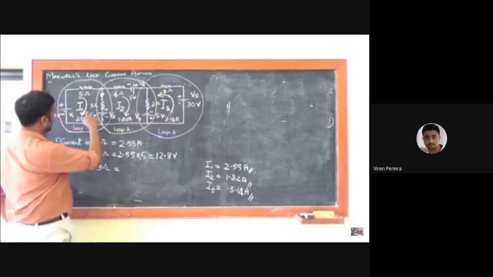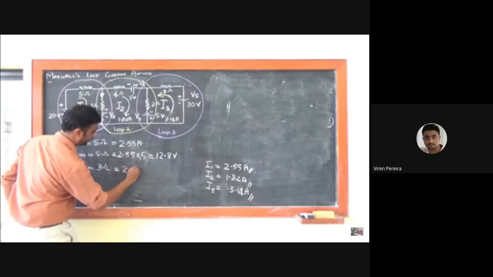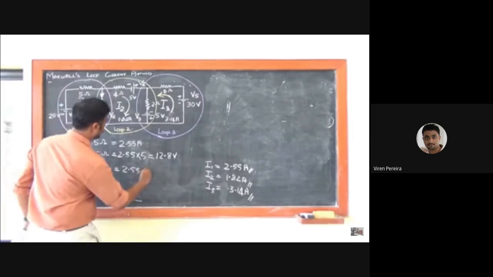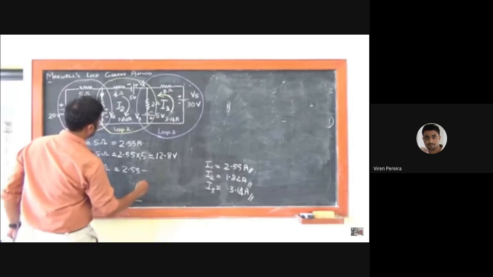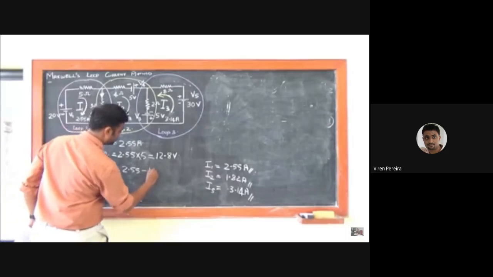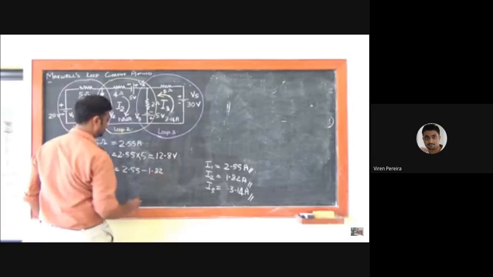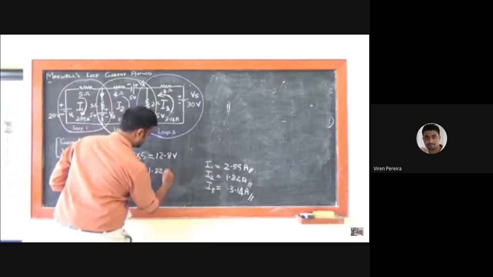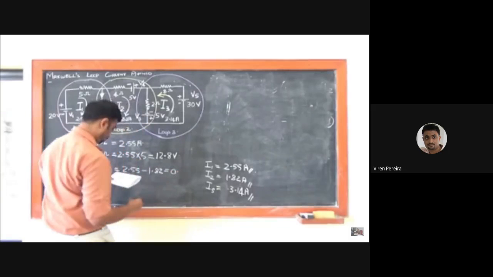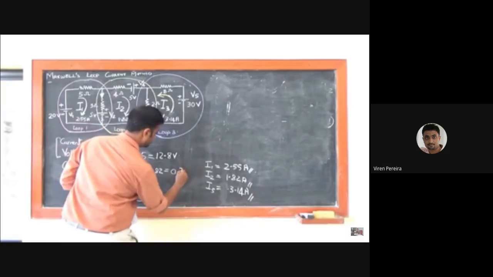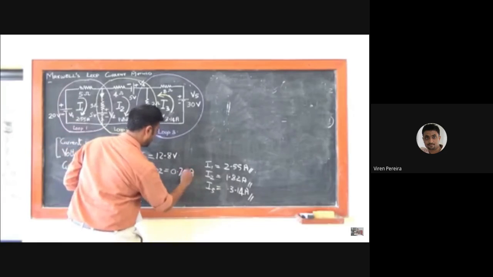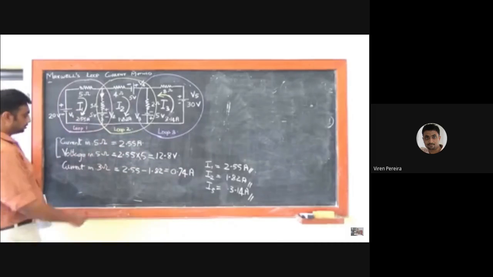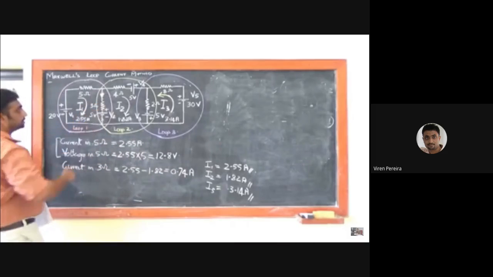So it will be I1, which is 2.55, minus 1.82, which is equal to 0.74 amps. So we got the current flowing in this 3 ohms resistor.